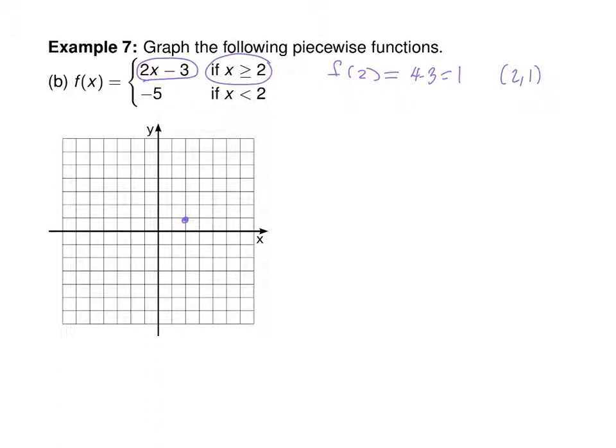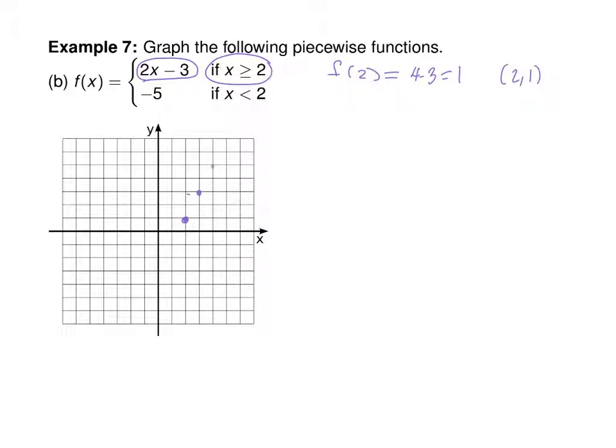And then do you graph the line to the right or to the left of that point? So this says that you use this line if x is bigger than 2 only, right? So do the bigger than 2's live to the right of that dot or to the left of that dot? To the right. So from that point you graph, you go up, how many? 2 and over 1, because you can just use the slope.